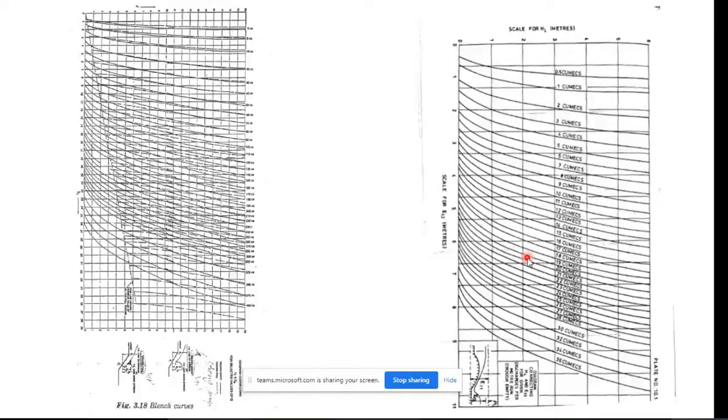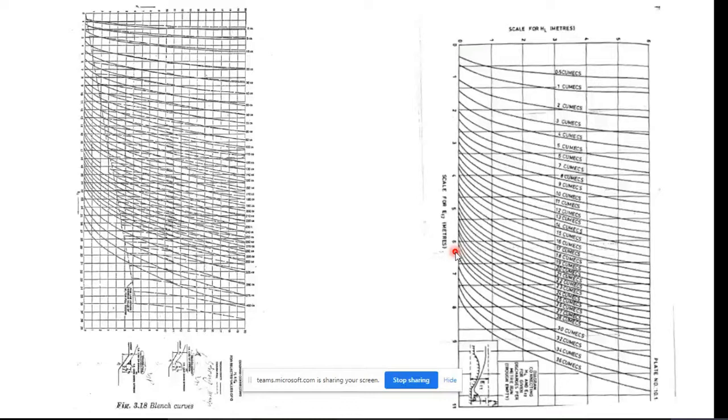Right now on the slide, these are known as Blench curves. On my right are these curves in SI units. On my left are these curves in FPS units. The x-axis of these curves is head loss, the head loss through a hydraulic jump, and the y-axis is specific energy at the end of the hydraulic jump.